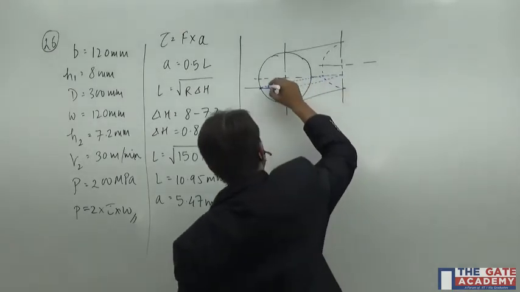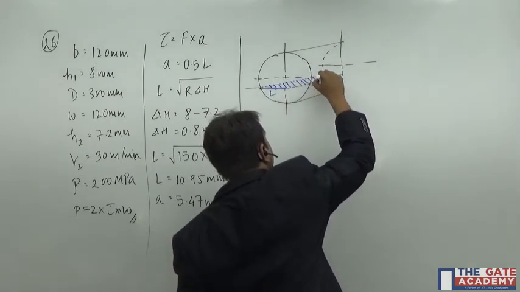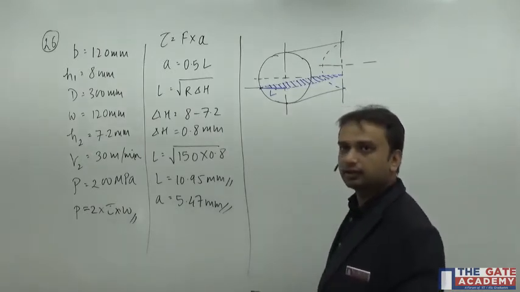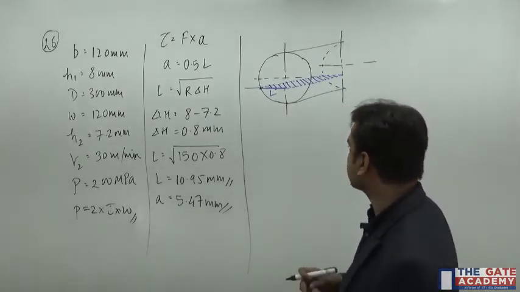So you can imagine that this is a projected length, you can see, right? I don't know how far it is clear for you, but you try to imagine the things, my friend.